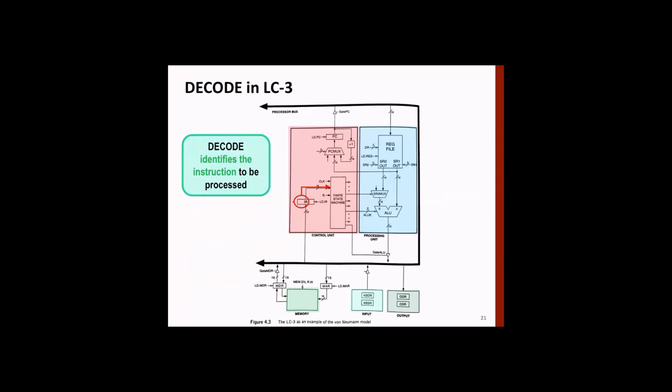Sir, I had a question. Since this bus is shared by many components, how does one instruction go specifically to, say, the memory address register? How does it recognize that this is for me? Basically there is a control signal here.